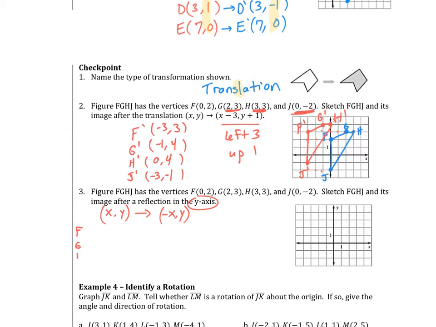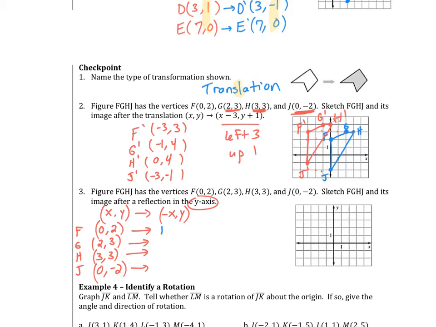Okay, so I'm going to put the points on here. F is 0, 2. G is 2, 3. H is 3, 3. And J is 0, negative 2. Now, what this means is you flip the x coordinate and the y coordinate's the same.